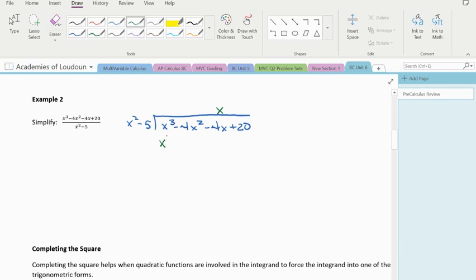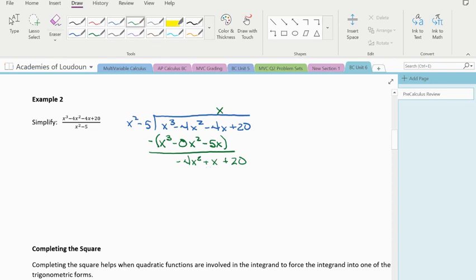So we have x cubed minus 0x squared minus 5x. Again, we're subtracting. So we have negative 4x squared. Negative 4x minus a negative 5x gives me just plus x plus 20.